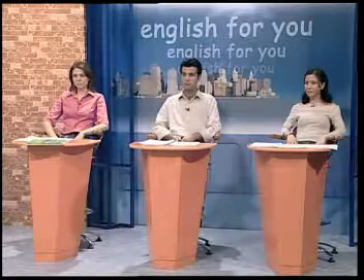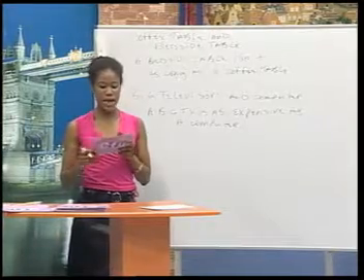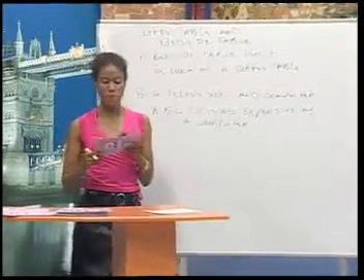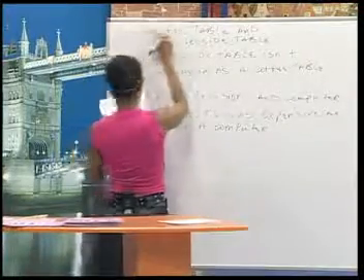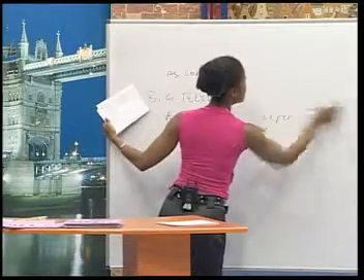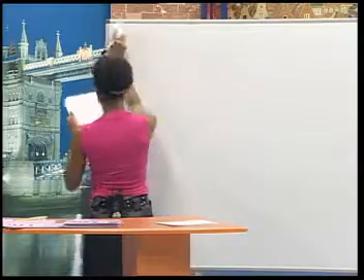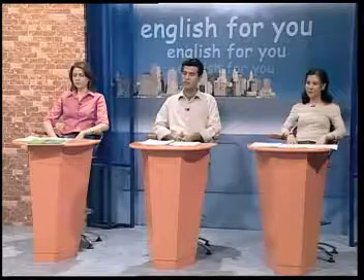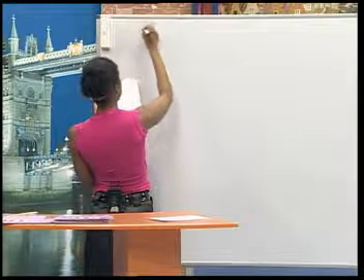Now let's try another exercise. We're going to make sentences using as with the adjectives in parentheses. Okay, you can make affirmative or negative sentences. Are you ready? Let's see. Here is an example first.